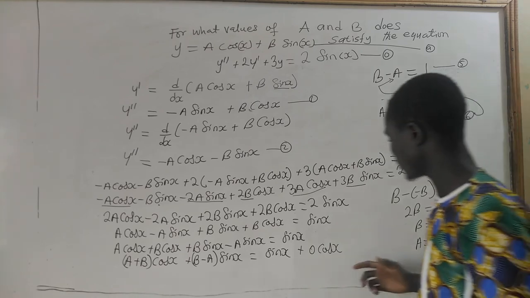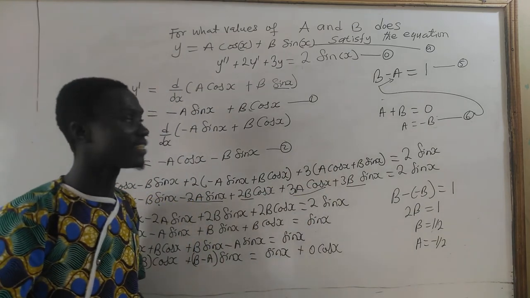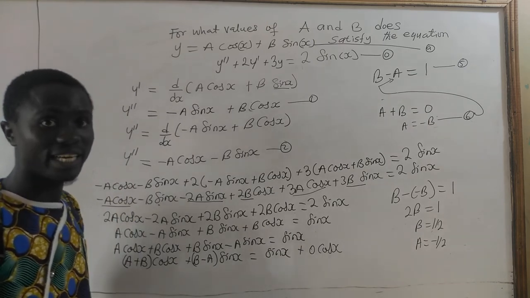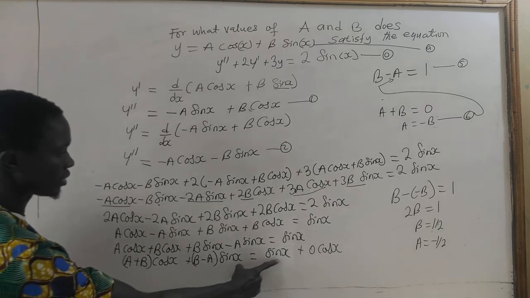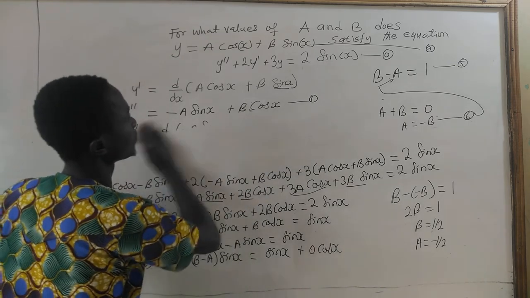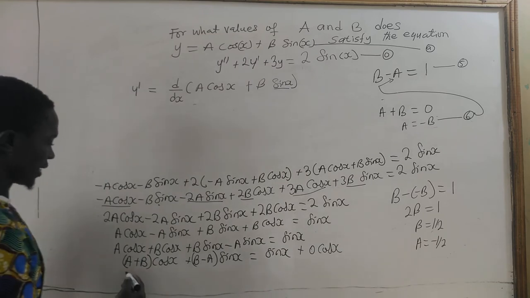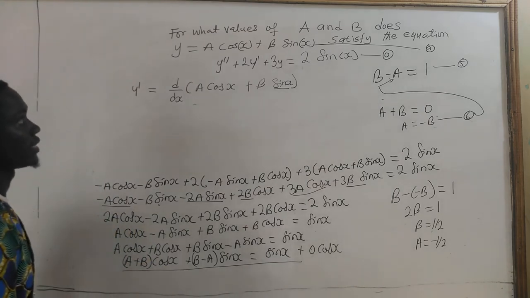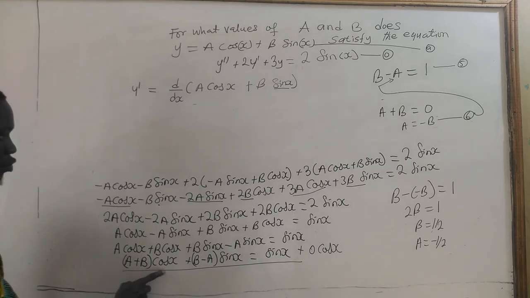You can cross check and see that our answers are valid. Very, very simple as that. Let's do the cross check so that it will clear any misunderstanding. Now, if we look at this part, we are going to have A plus B cosine x.